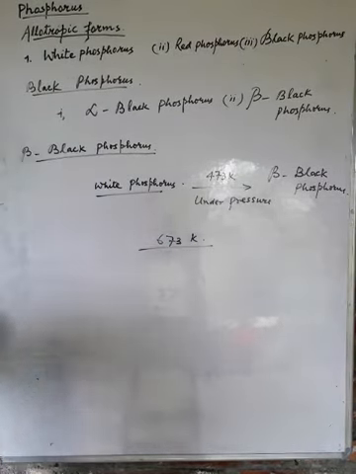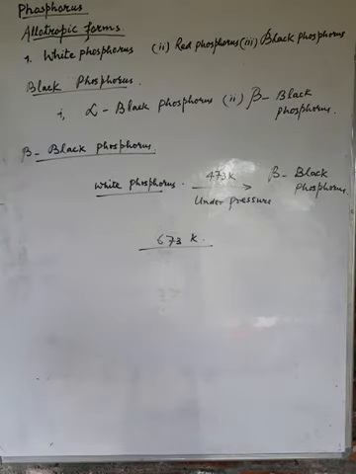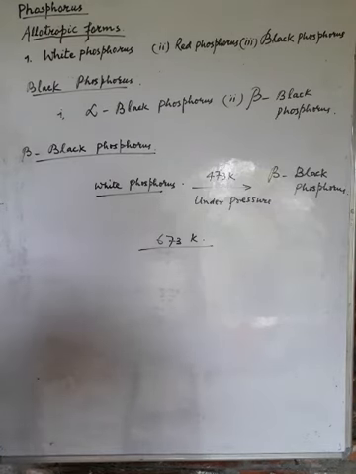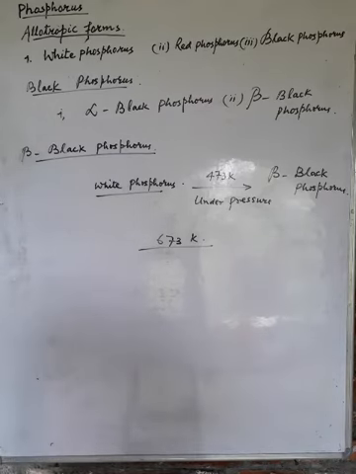It does not burn up to 673 Kelvin, so it does not get oxidized. When it is heated to more than 673 Kelvin, it then burns. This is all about black phosphorus.